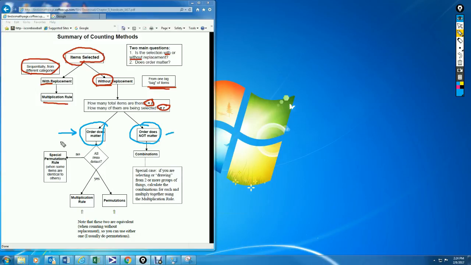So if you are actually creating a specific order, then the next question is, are all your items distinct? If they are not, and we went over a couple examples of this, then you have to use this special rule. Like, for example, when we did A, B, C, C. Not all of these items are distinct, so we had to use a special rule.